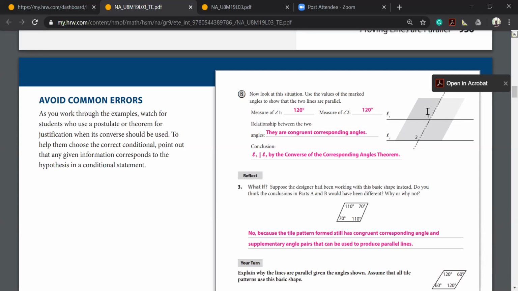This angle will change, and this angle will change, and this angle, every angle will change, so that this angle will become 110, and this angle will become 110, but in the same way they will still be equal. So the lines will still be parallel. So no, because the tile pattern formed still will be congruent. That can be used to produce parallel lines.